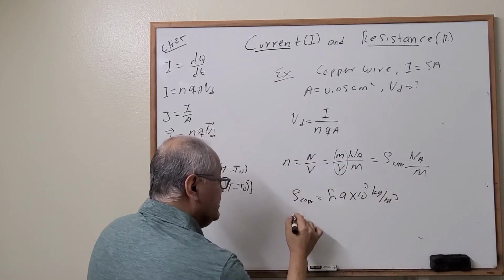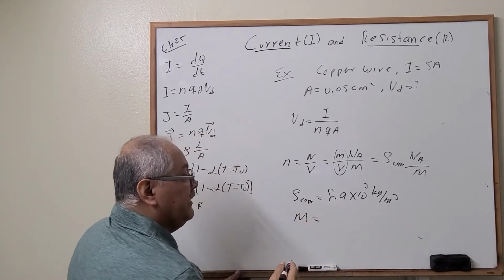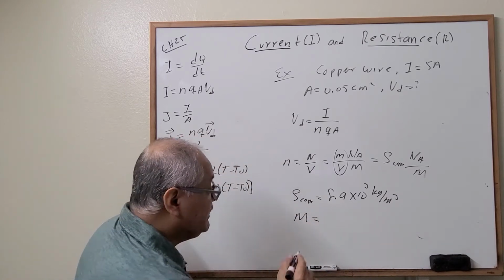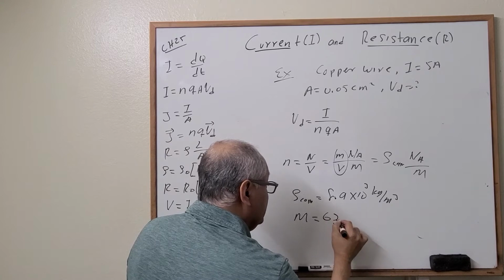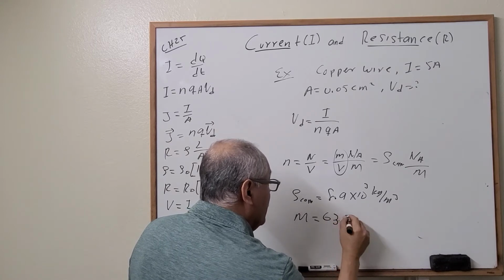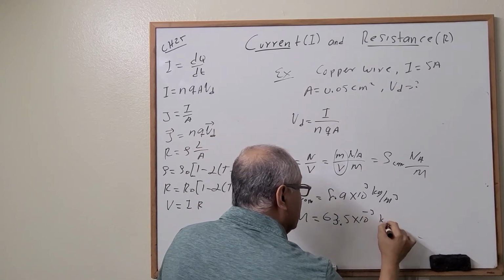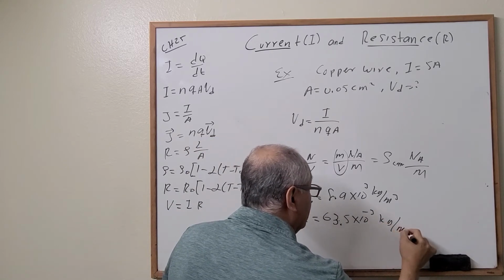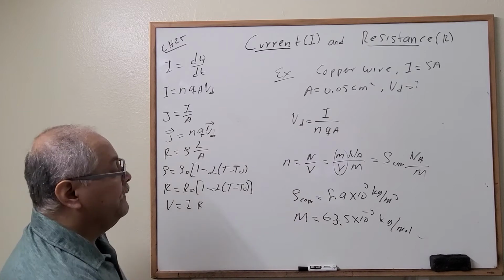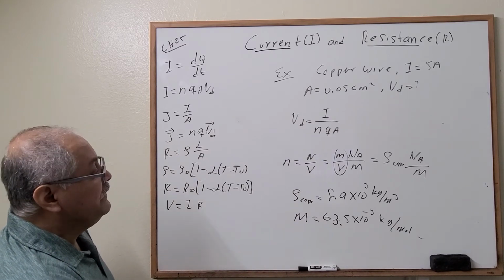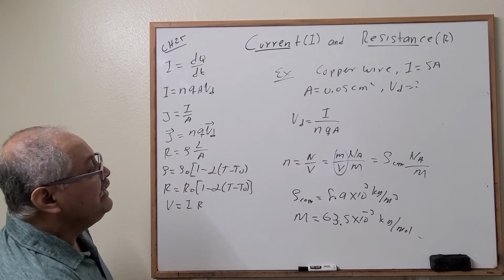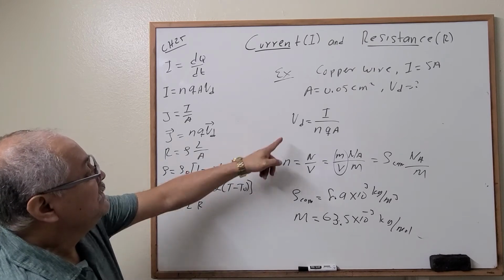Also, the molar mass for copper is given, it's going to be 63.5 times 10 to the minus 3 kilograms per mole. Correct? So everything is given, and then we can solve for this drift velocity.